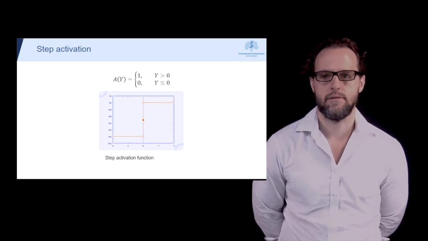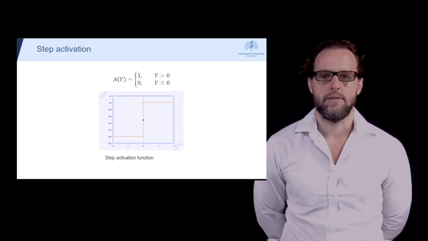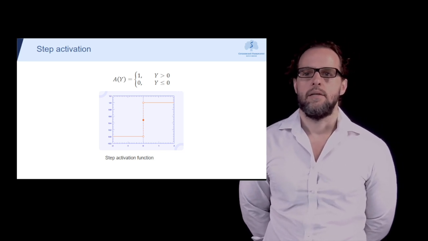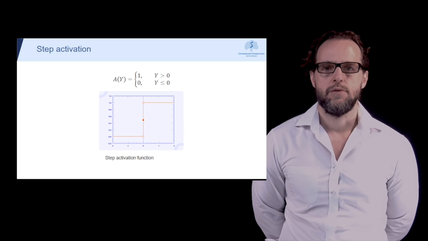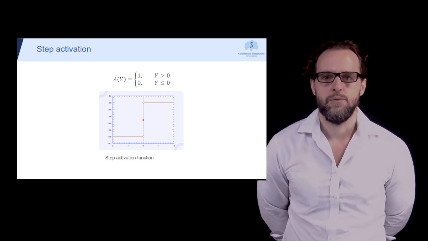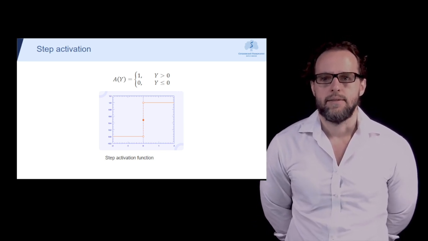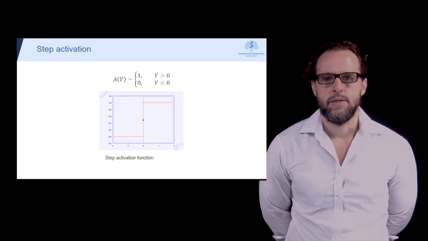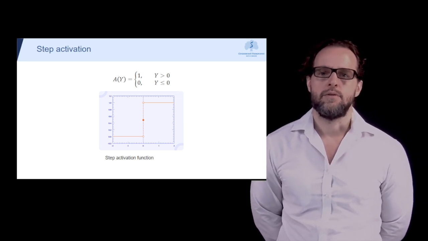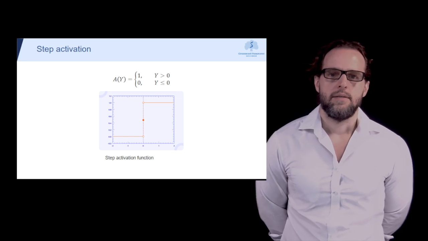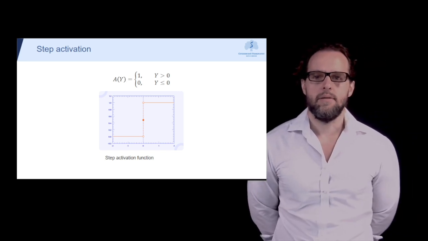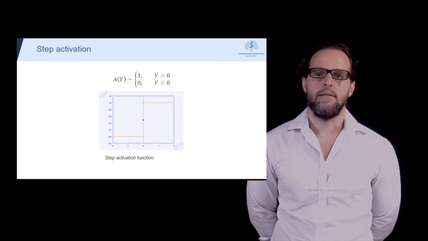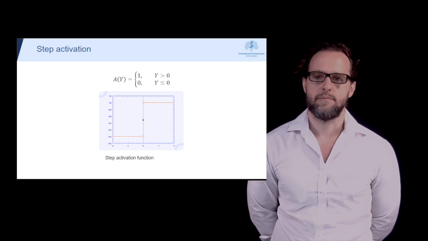Otherwise, the function takes the value 1 when the sum exceeds the limit value, and the value is 0, so it's not activated. This is a very simple method, but it has significant drawbacks.